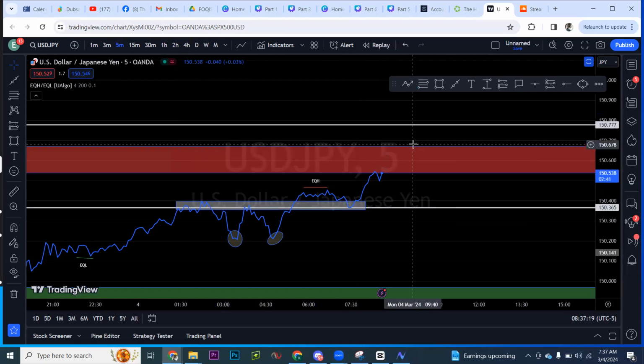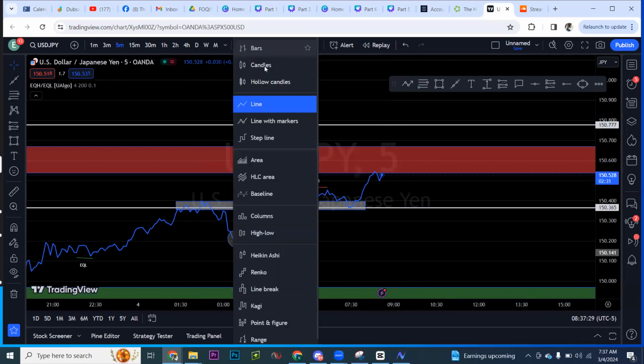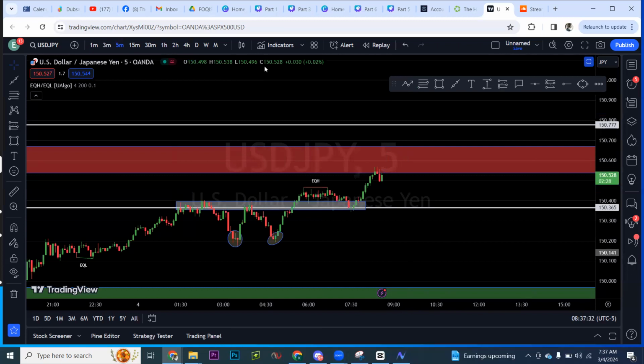But from the higher time frames, we're looking for price to drop. So we're looking for sells. Price right now is inside of our sell area. Let me put it back on the candles. So we've got price reacting to this zone like we want it to. We're in supply, aka resistance. We want this to start dropping. Cool.